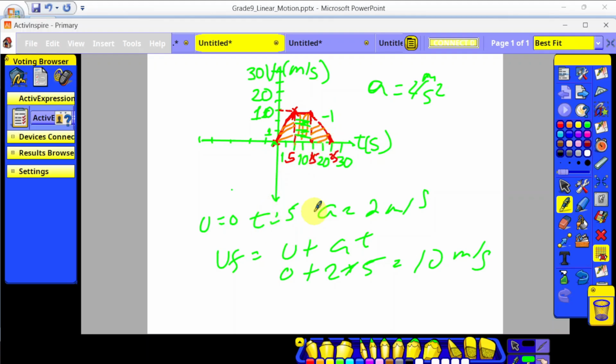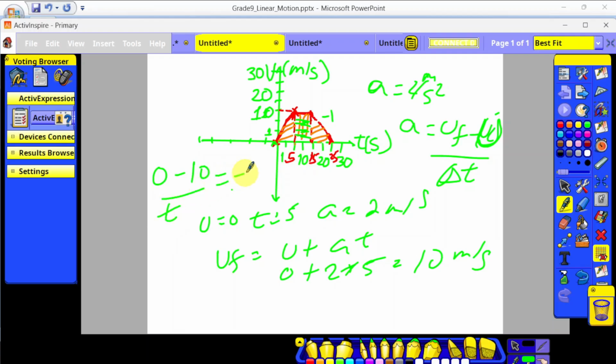When you calculate the same way, the time to stop is, because acceleration is equal to v final minus v initial over change in time, where sometimes the initial is written as u. Since the final speed is equal to 0, 0 minus the initial speed 10 over t is equal to -1.